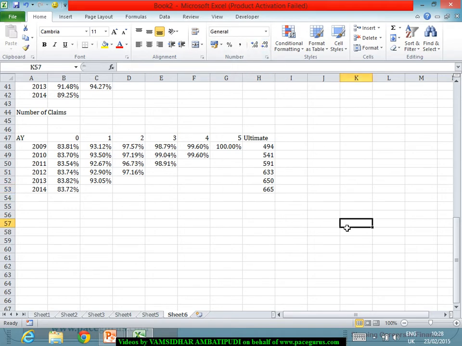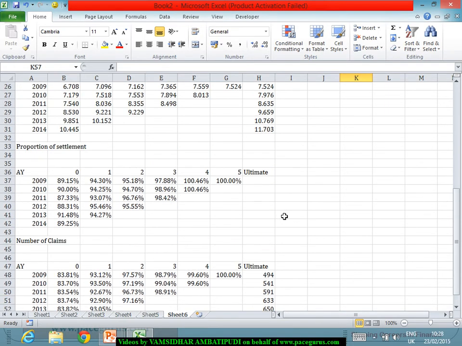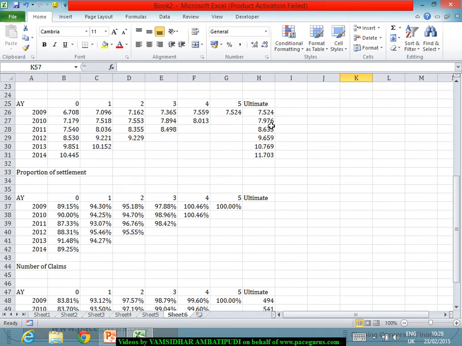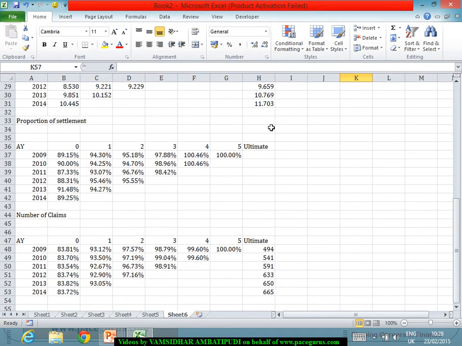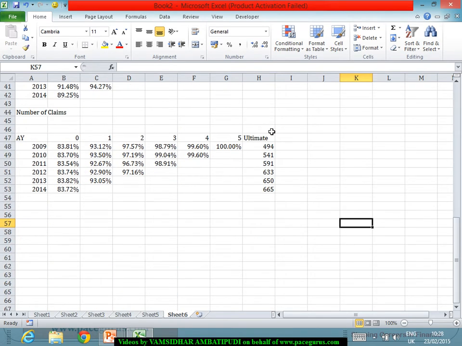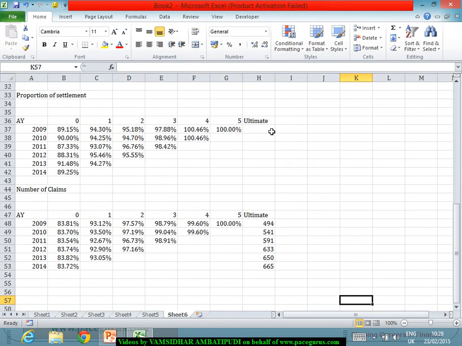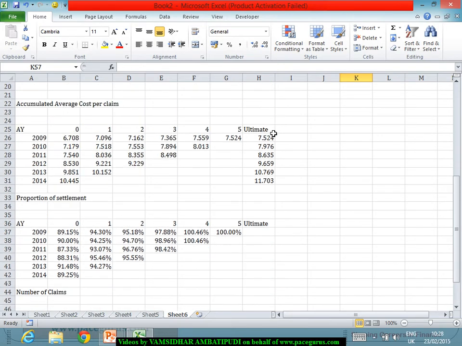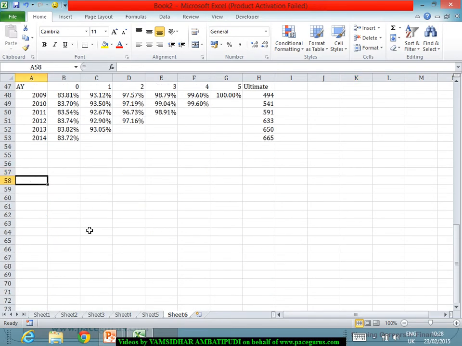Right, now these are what are my ultimate claims that are going to be initiated, and this is my ultimate cost per claim. So overall from here, I'm getting my projected loss estimate. Right, I can directly now come out with the projected loss estimate. I don't need anything else because we have computed the ultimate claims.